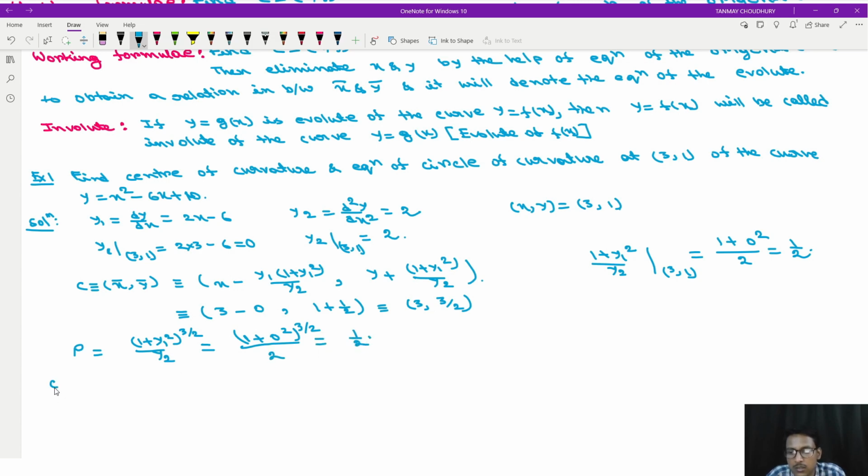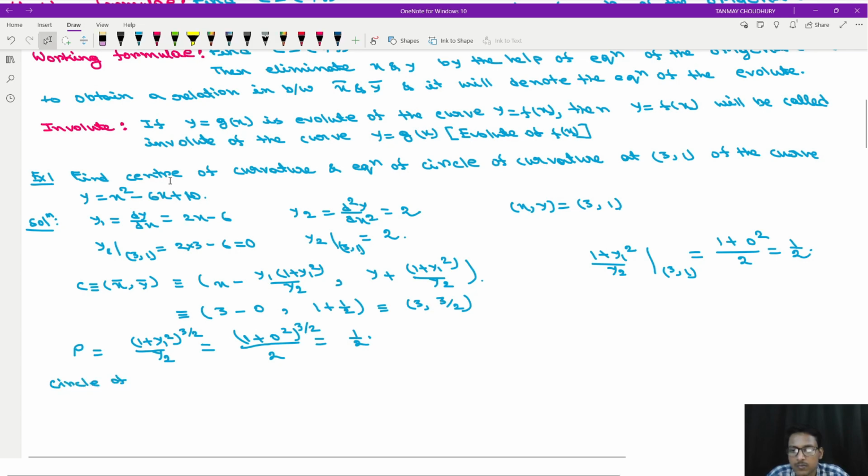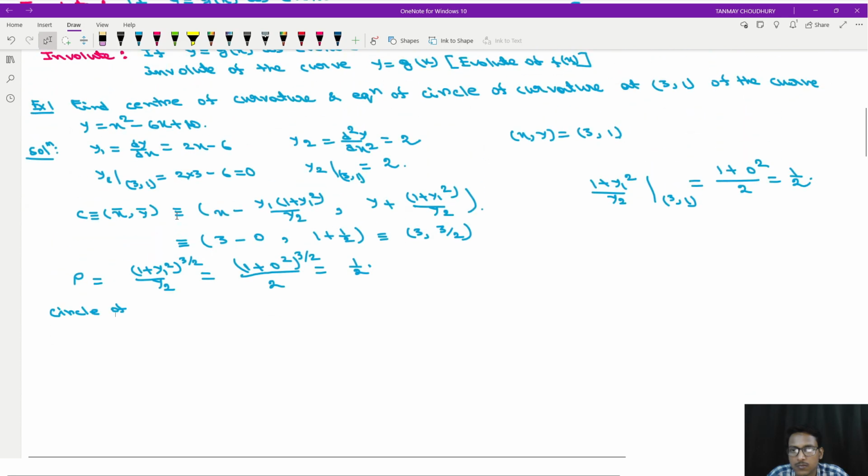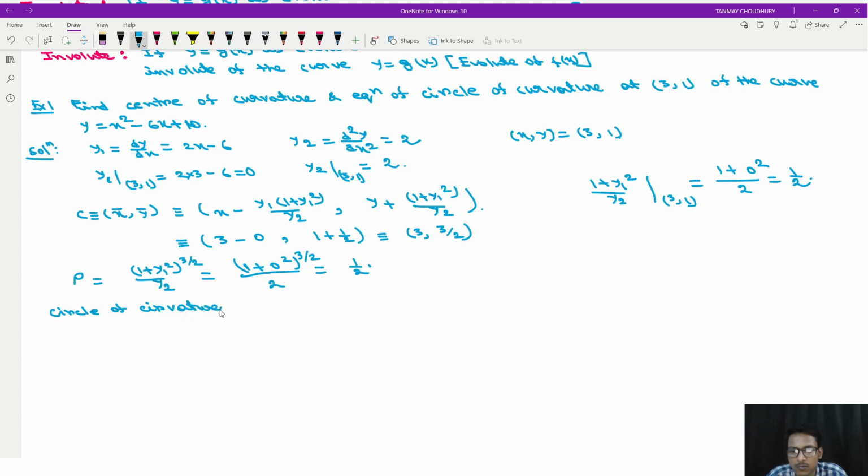So the circle of curvature is given by x minus x bar, which is 3, whole square plus y minus y bar, which is 3 by 2, whole square is equal to rho square, 1 by 2 whole square, that is equal to 1 by 4.